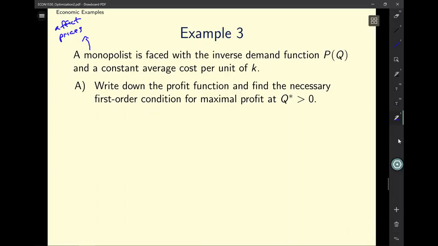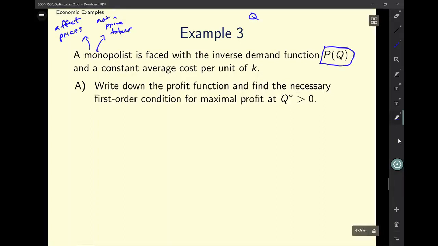Now we're not going to do it exactly like that in this problem, but the quantity they produce affects prices. So they're not a price taker, right? Not a price taker. And they have an inverse demand function that we're going to define generally as P of Q.